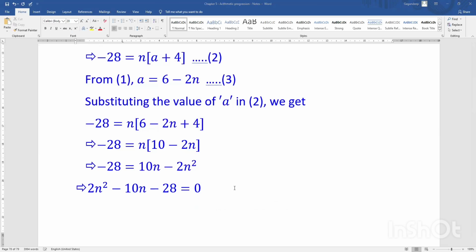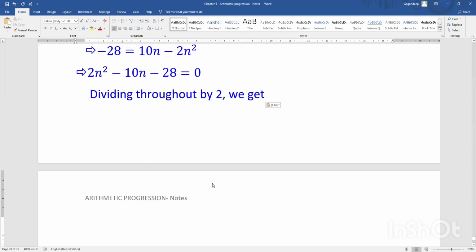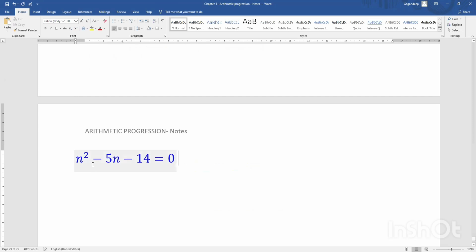Dividing throughout by 2, we get n square minus 5n minus 14 equals 0.